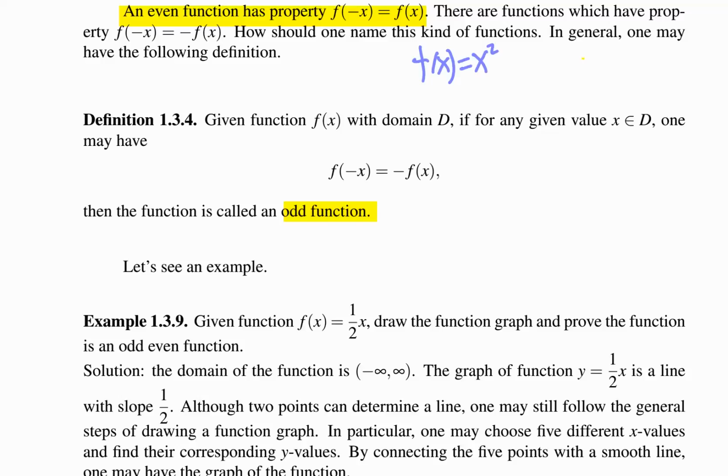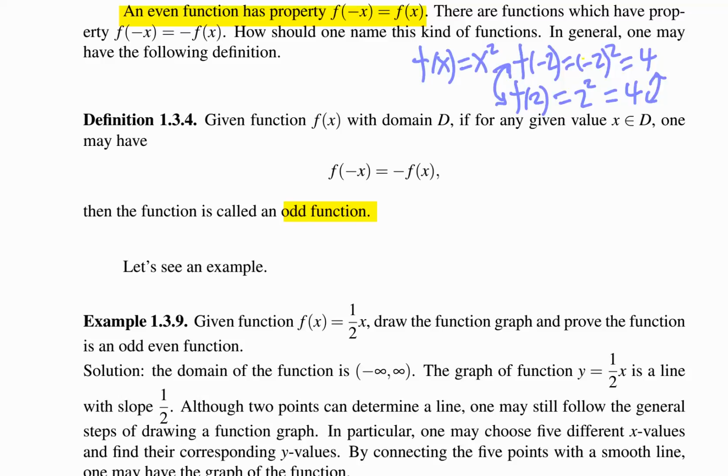And for example, when you plug in -2 here, you have -2 squared is 4. When you substitute +2 for x, then you have 2 squared is also 4 as well. So those two values are equal.